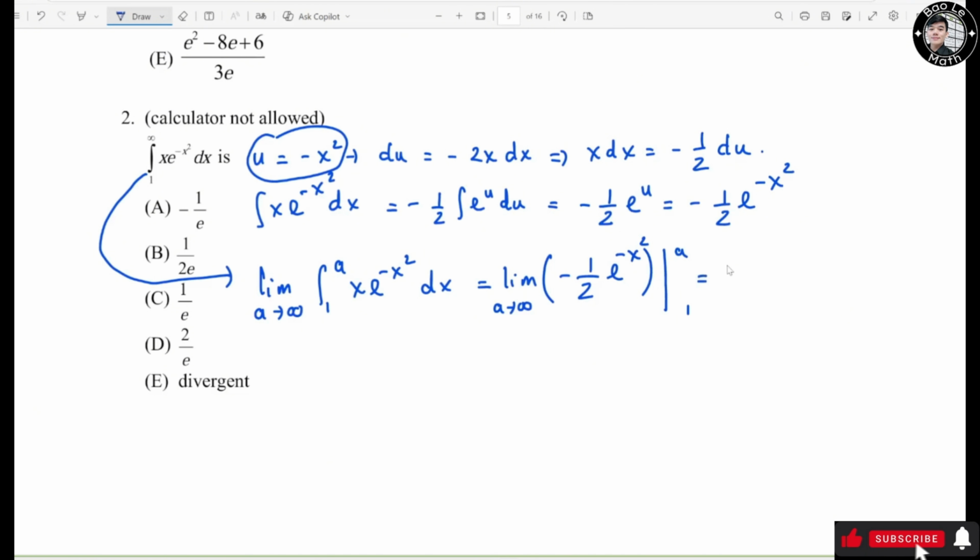So it's going to be the limit of negative 1 over 2 e to the a squared plus 1 over 2 times e when a approaches infinity. Now when a approaches infinity, this term approaches 0. So we only have 1 over 2e left. The answer must be B.